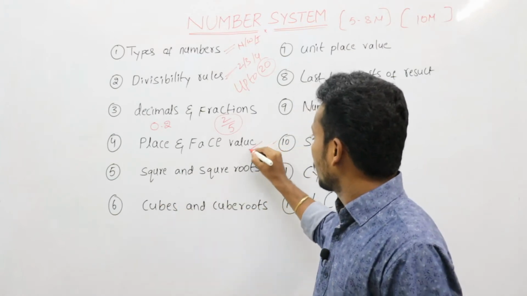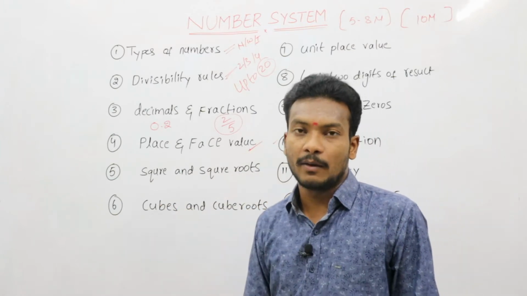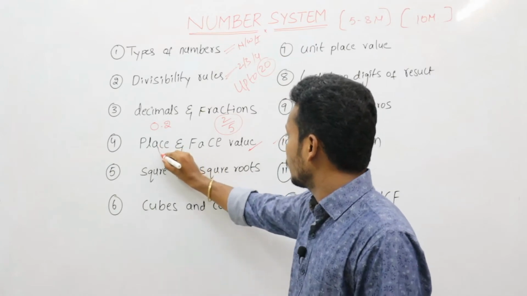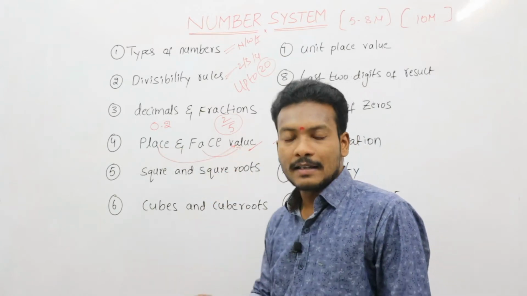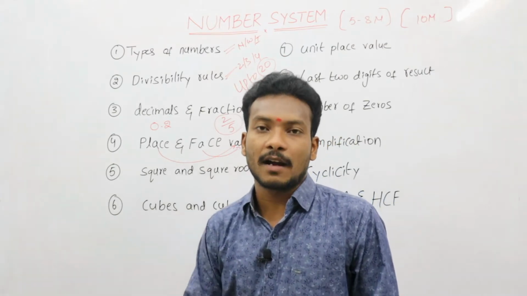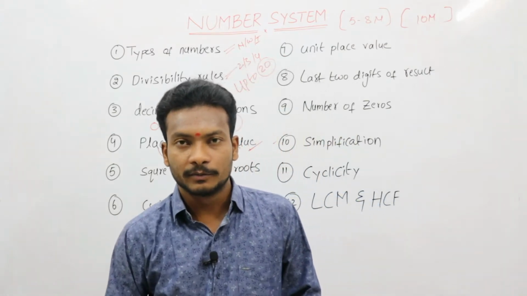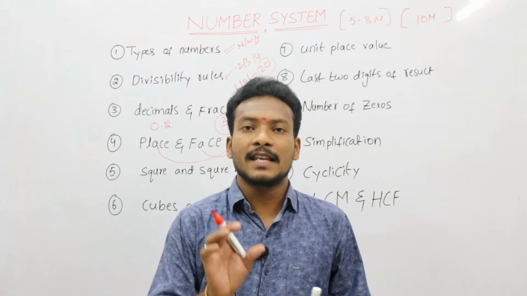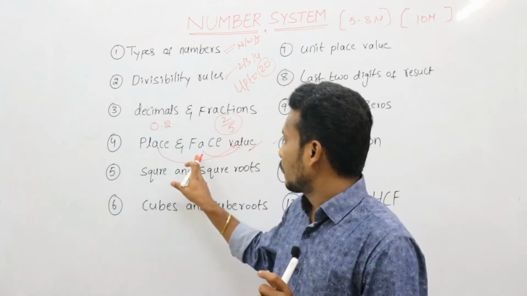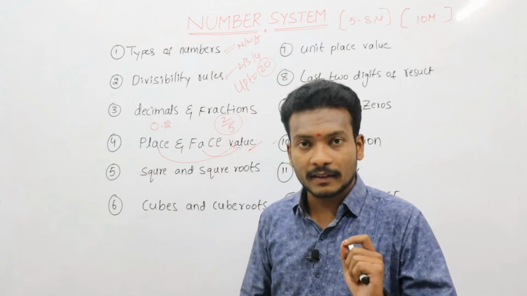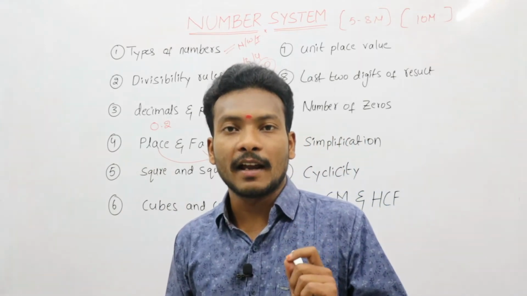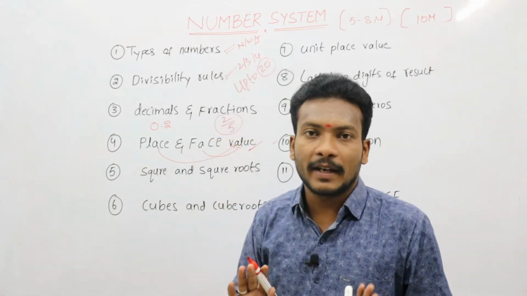Next, move to place value and face value. What are both values? This one is place value, this one is face value. Both are the same, but what is the difference between place and face value? Face means as it is, always face is as it is, but the place value depends upon the place.